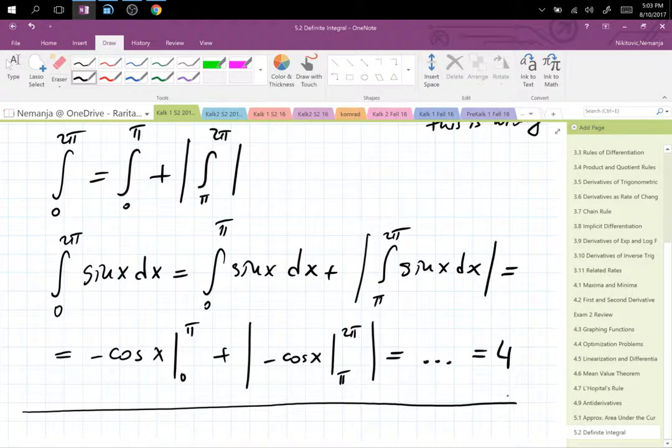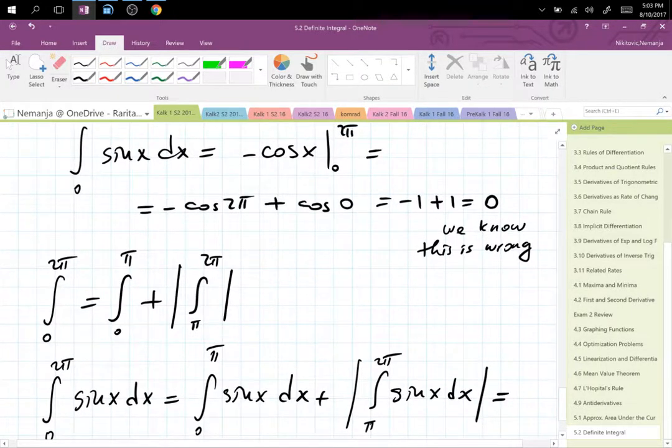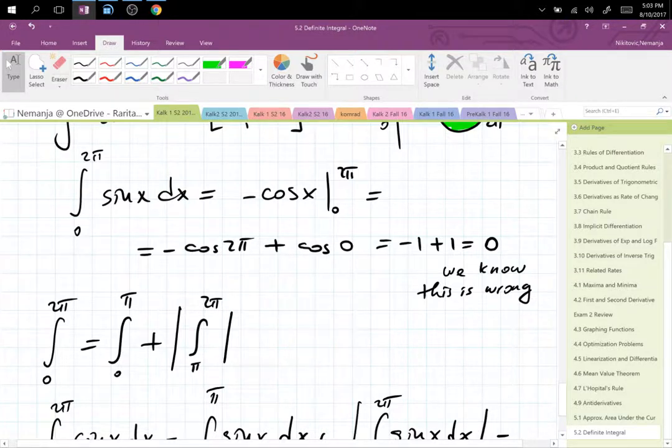How do you get 4? 2 plus 2 is 4. Now we got 1 from each half. You see how over here it was 1 minus 1, right? So that would be 2.